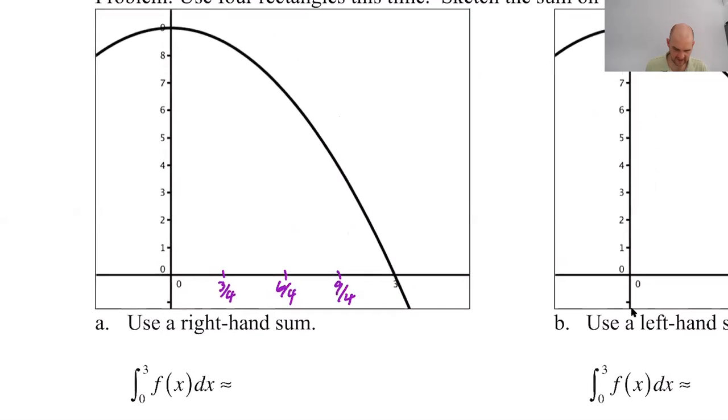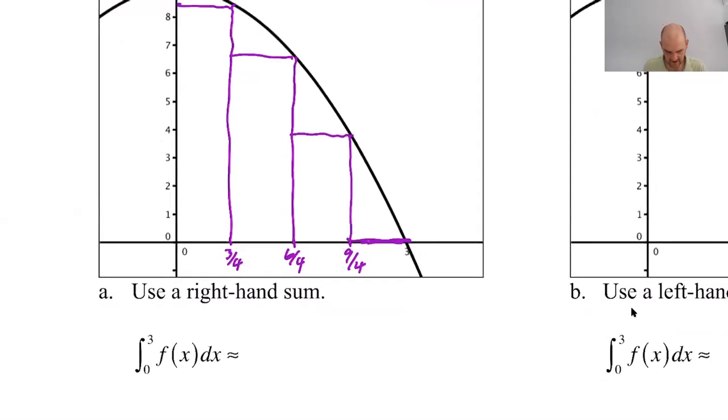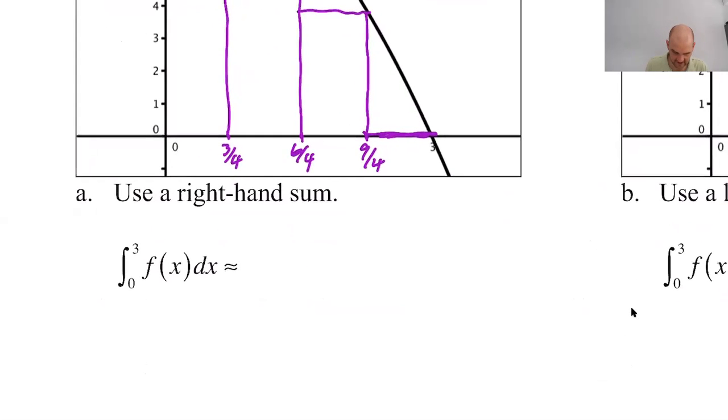If I'm doing a right-hand sum, I go like this, and over, and this, and over. It suffers from the fact that the final right endpoint is at a height of 0, so it contributes nothing. But that's part of the method. It's not our fault.